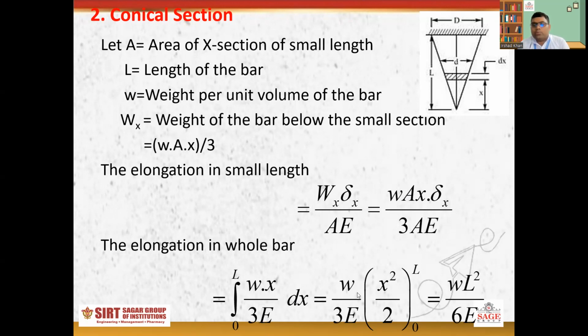Small w upon 3E is a constant, and integrating x gives x square by 2, putting in the upper and lower limits. The final relation is w L square upon 6E. So the elongation due to self-weight in the conical bar is small w L square upon 6E, where small w is the weight per unit volume of the bar, also called the specific weight.